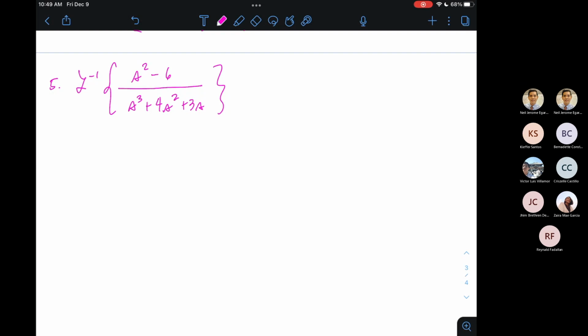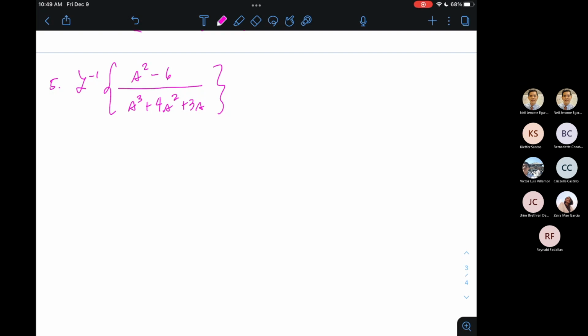It's a quadratic function. The denominator is also complicated. It's a cubic function. So parang hindi siya sine or cosine, hindi siya basta-basta papasok dun sa mga nasa table natin. So you have to analyze the function inside the inverse Laplace transform. And one way to do that ay yung isa sa mga paborito nyo, partial fraction decomposition.